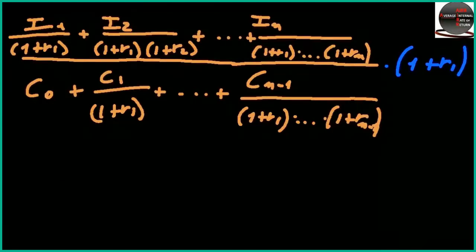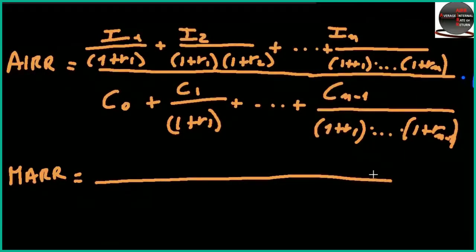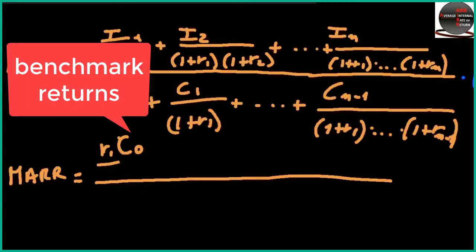So if we want the MARR, let us call it a minimum attractive rate of return, or overall cost of capital, as you prefer, we have the same ratio, but instead of the project incomes we have the market return. First market return, if we invested C0 in the market, would be R of 1 times C of 0, and we discount back by 1 period.